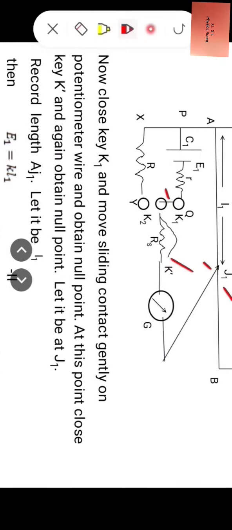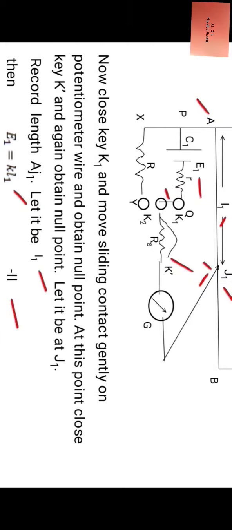Let it be at J1. Record length AJ1. Let it be L1. Then, according to principle of potentiometer, we have E1 is equal to KL1. Let us mark it as equation 2.